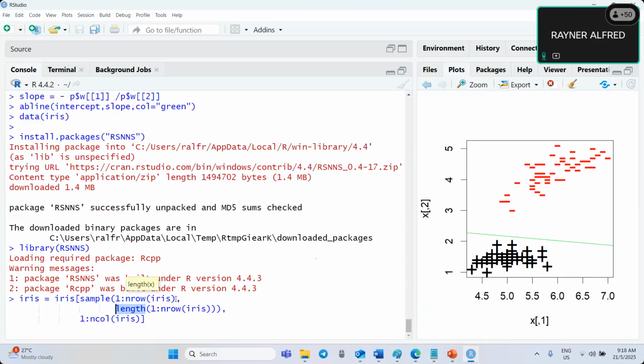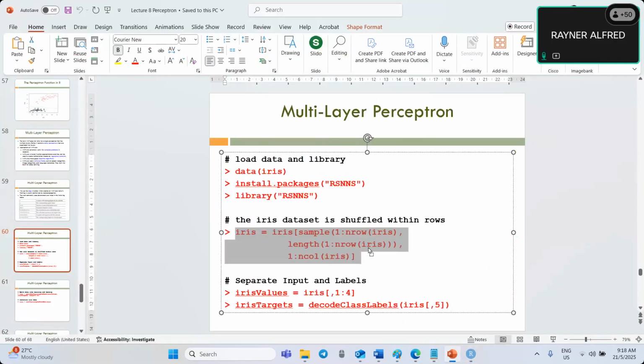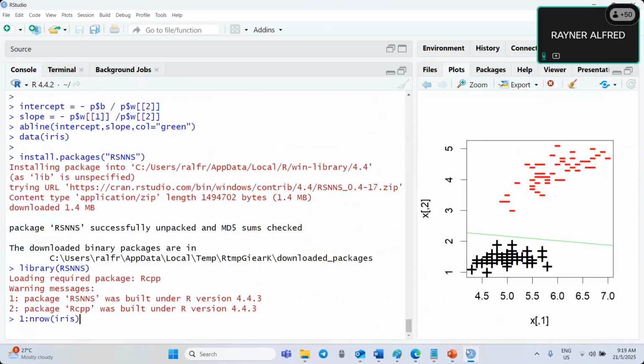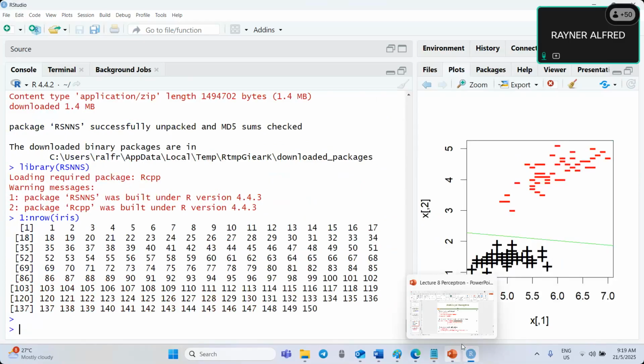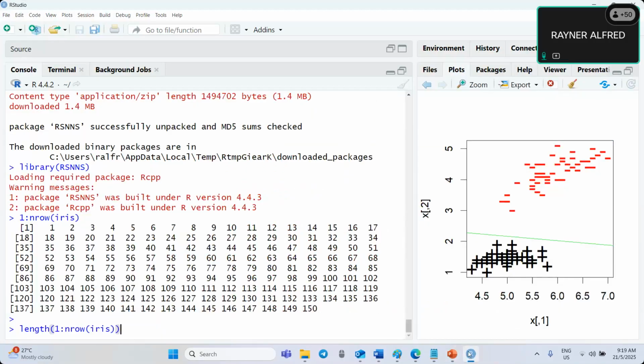So before I go on, let me show you what we will be getting from this individual one. This one will give you the number of rows. So this is the total number of rows.